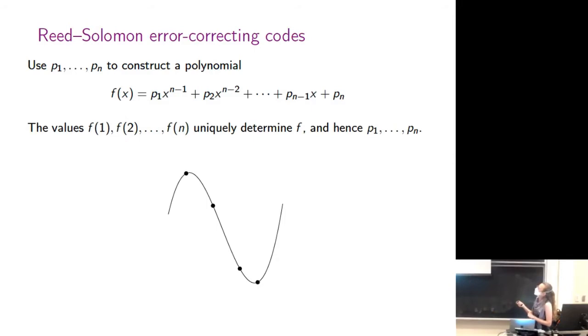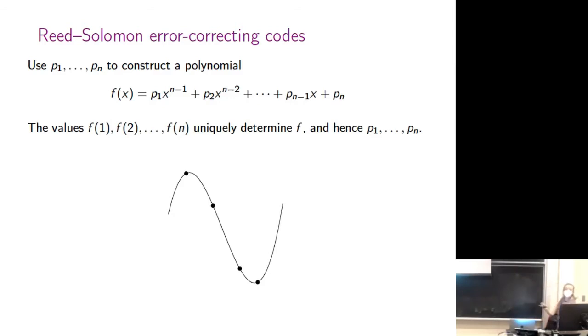Then instead of sending P1 through Pn, I could send the values of this polynomial on the first n numbers, f of 1 through f of n. That's still n numbers. And because this is 1 more than the degree of my polynomial, it uniquely determines my polynomial. So if I know f of 1 through f of n, that's the same as knowing P1 through Pn.